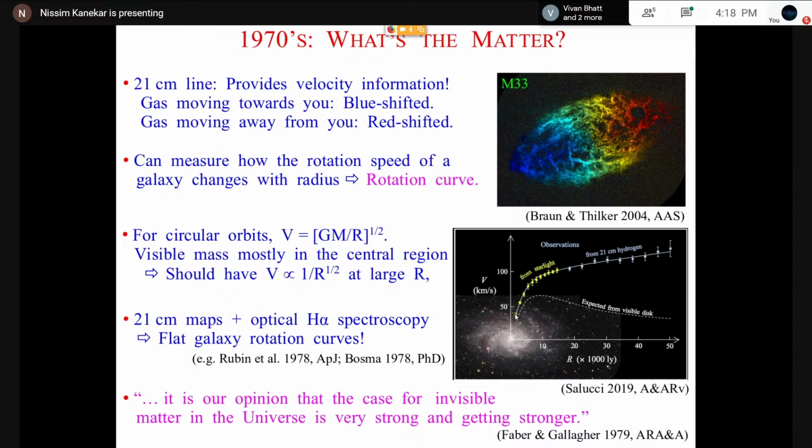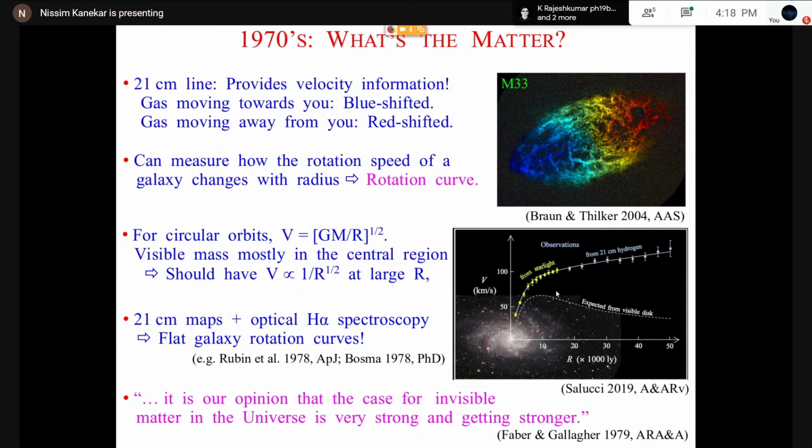And the yellow points over here are from starlight, from stellar measurements, H-alpha spectroscopy, and you can see things are rising, but you're not going very far with the stars. But then you see a bunch of white points at large radii, larger than about 20,000 light years, and those are from the 21 centimeter line.